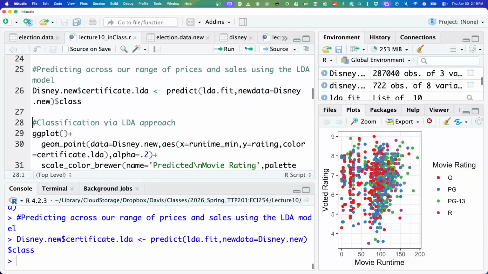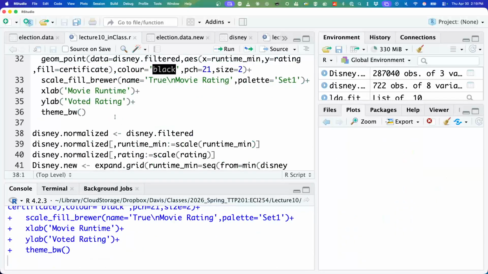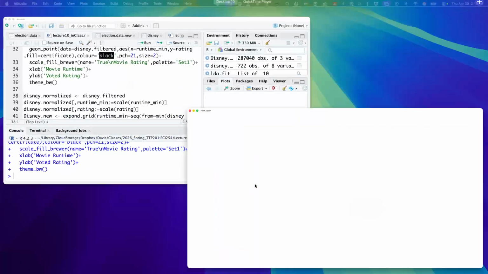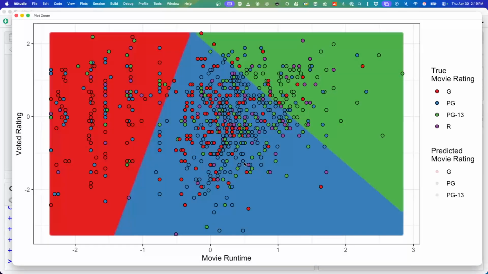If I do the same thing that I did last class, we should see it takes a little time to render. Okay, so we should see again, essentially across our feasible space, which is across the values of our movie runtime and our movie ratings.